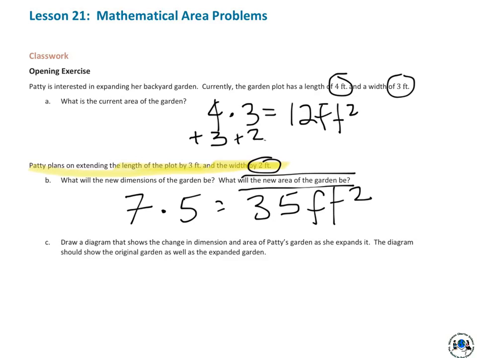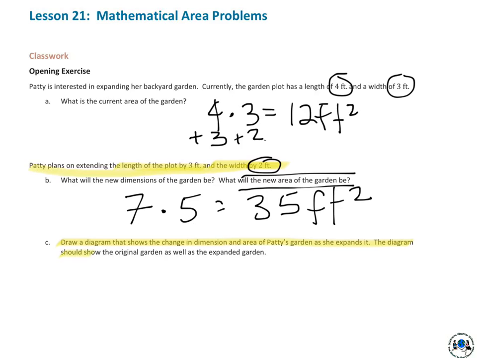Now that's easy enough to do, and hopefully you had no problem with that. But with part C here, this is where we're getting into this connection between area and algebraic expressions. I'd like you to go ahead and draw a diagram if you haven't already. Draw a diagram that shows the change in dimensions as it expands.